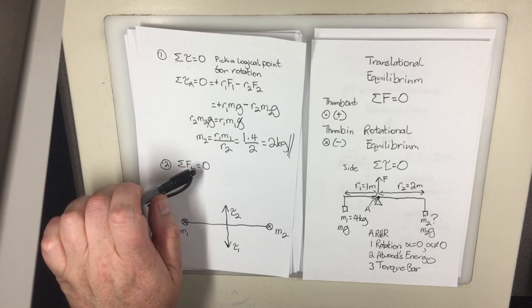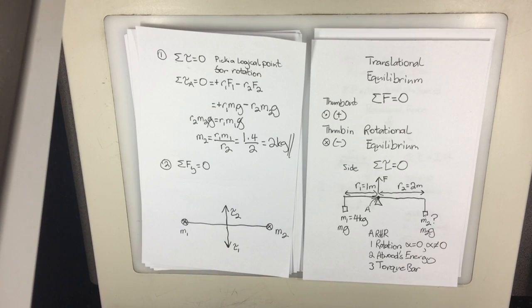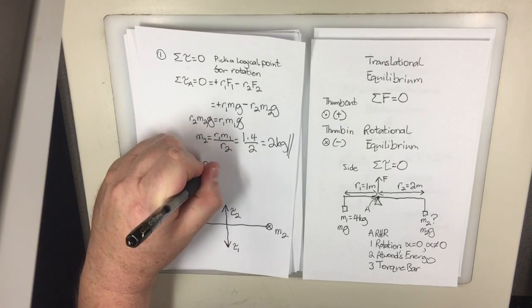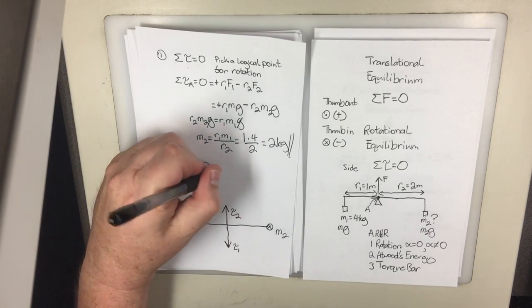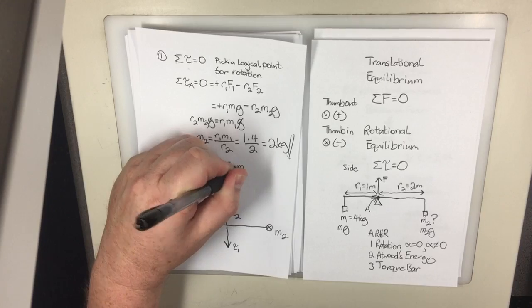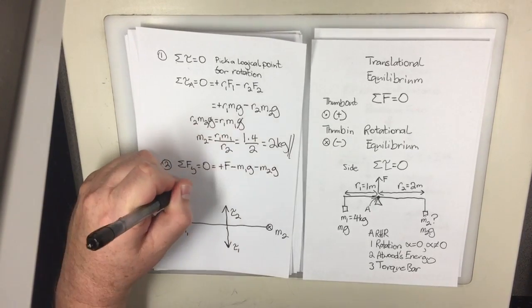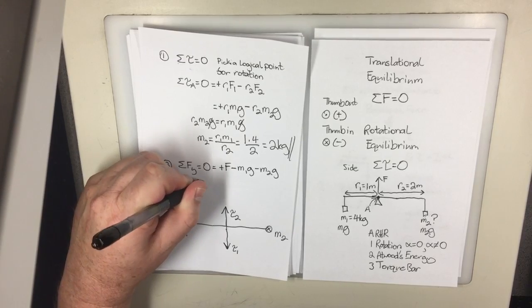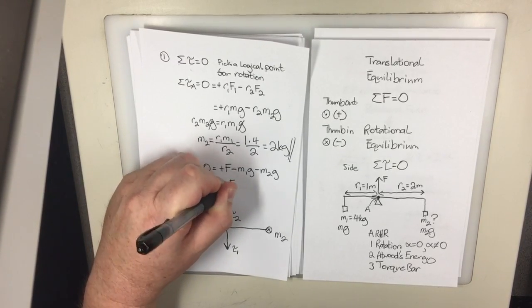The second part is F sub y, the sum of the forces vertically. The up forces and the down forces have to cancel. In this particular case, it's easy. Anything up is a positive sign, anything down is a negative sign. So positive F minus M1G minus M2G. So M1G plus M2G is equal to the force.